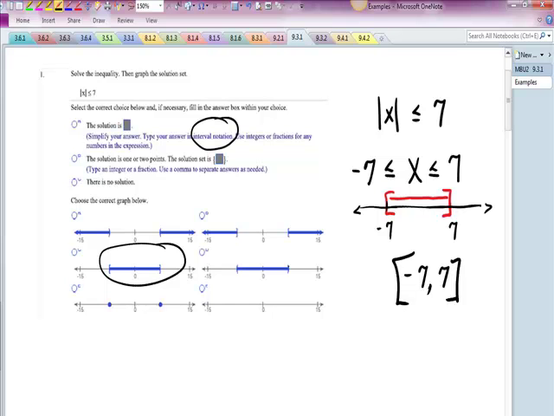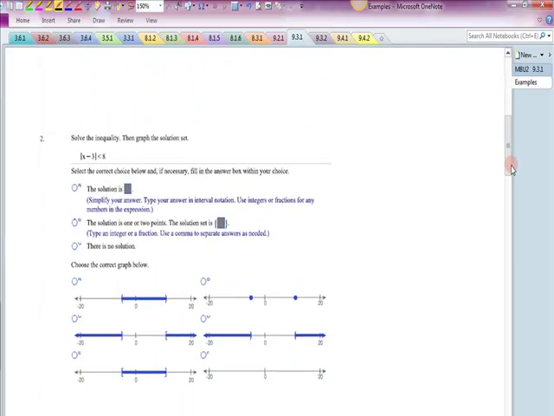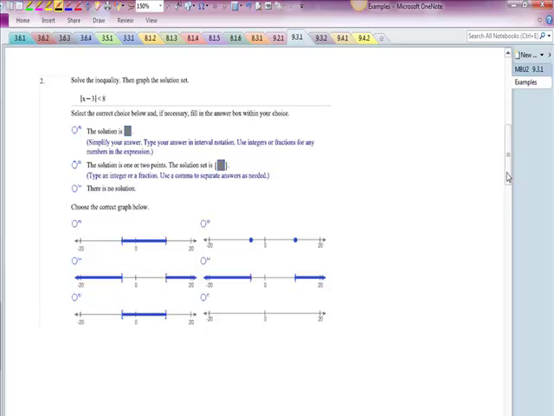So in this location, I will put bracket -7, 7. And so it was choice A, and there it is in interval notation. And here is the choice. So on each one of the problems, I'm going to solve the inequality, I'm going to draw the number line graph, and I'm going to have the interval, and then I'll take those and answer the appropriate part of the question.